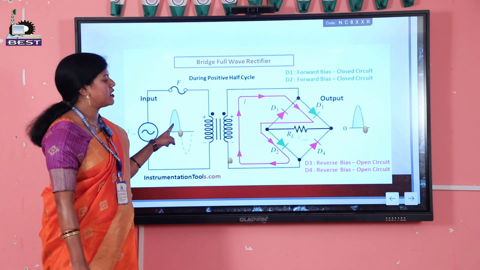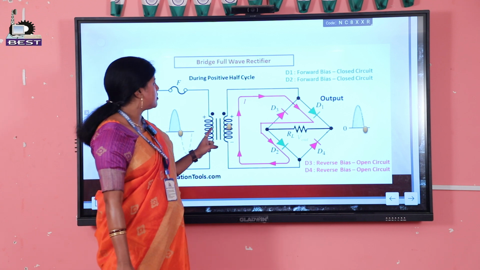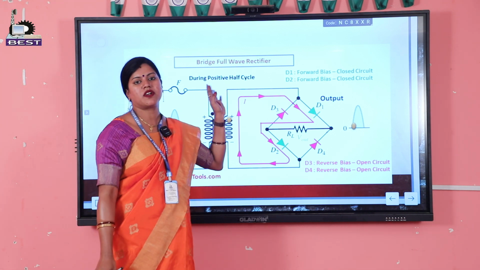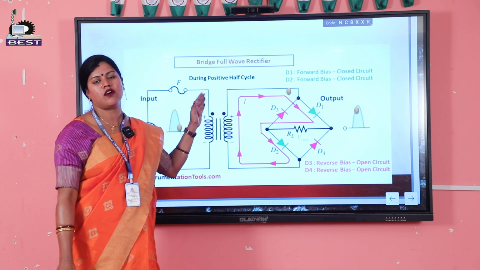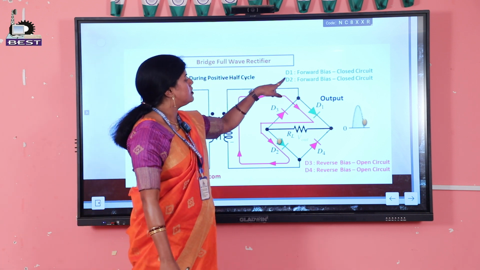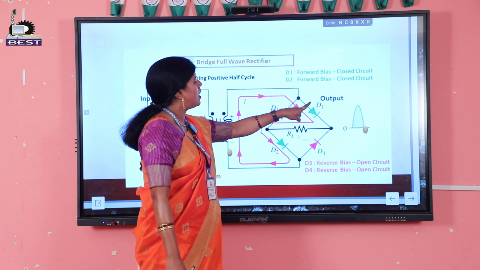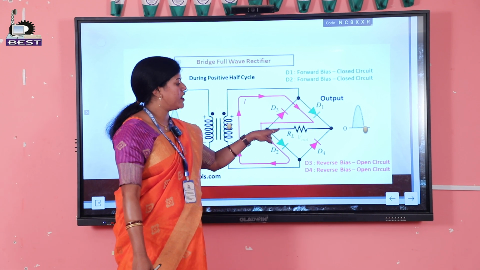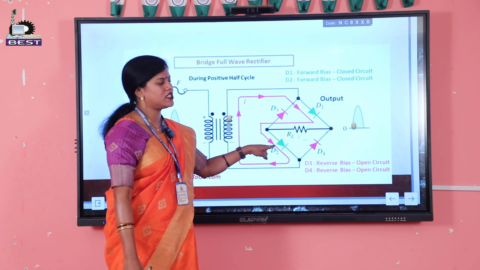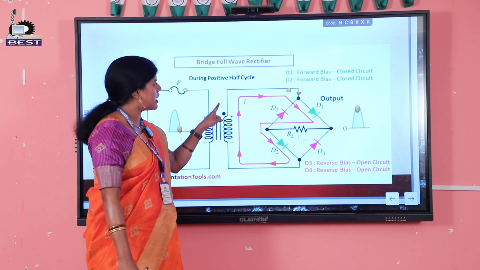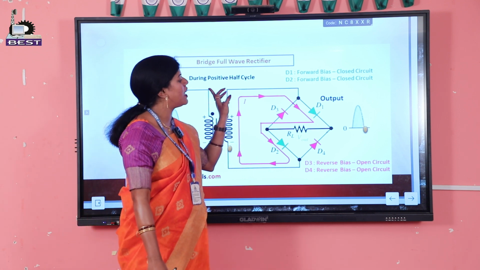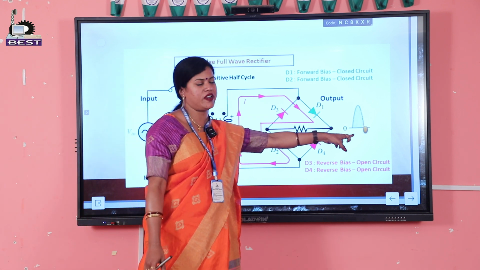During the positive half cycle, what will happen? Terminal A is positive, terminal B is negative, and as per current property, current always flows from higher to lower potential. During the positive half cycle, diode D1 is in forward biased condition, then the load resistor, then diode D2 is in forward biased condition. Then as per current property, the cycle is completed and we get the output across the load resistor.